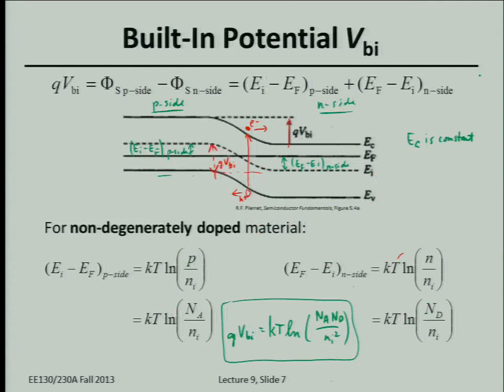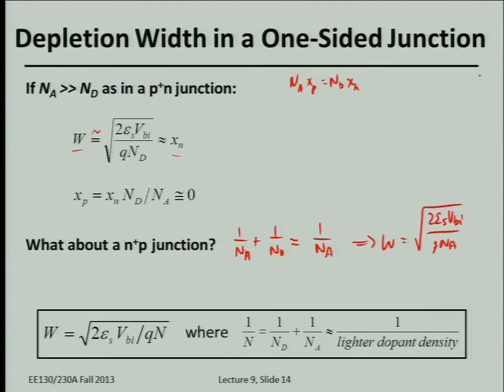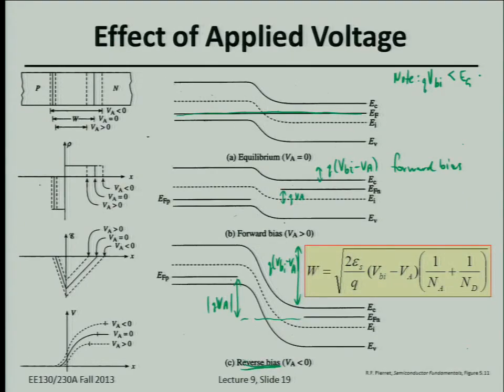If the built-in potential is equal to the band gap, that's the largest you can get. That means both Fermi levels are at the band edges. That means both sides are degenerately doped, which I told you never in practice is the case, and we'll talk about why later. Basically, you get tunneling, quantum mechanical tunneling. It's not working as a proper diode anymore. So that gives you a hint. The built-in potential is always going to be smaller than the band gap energy.